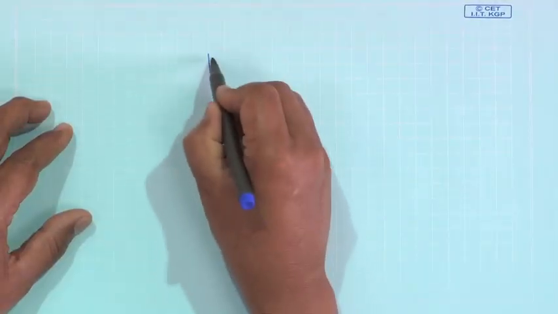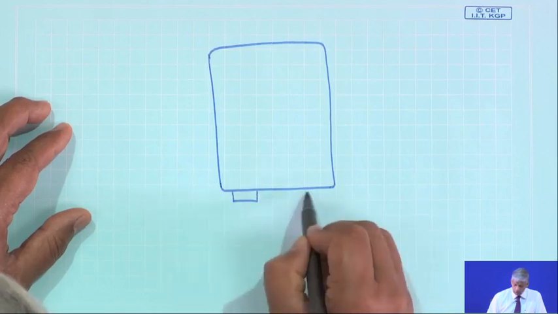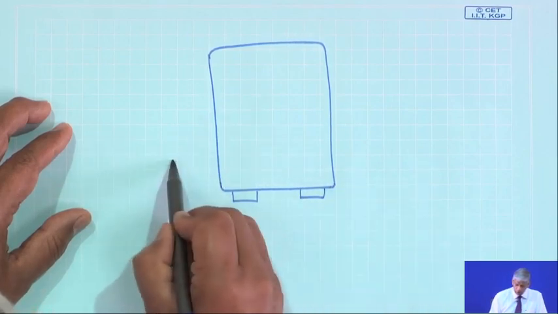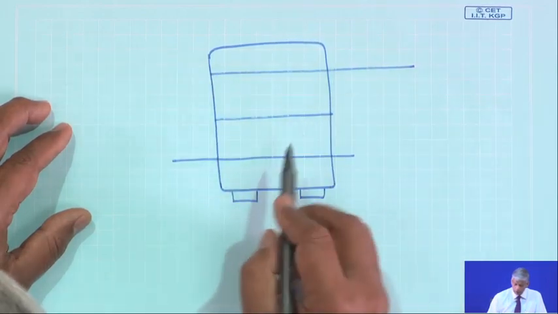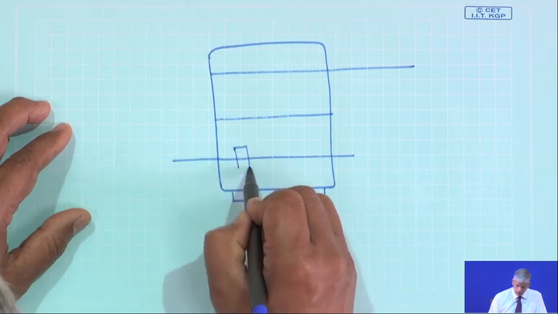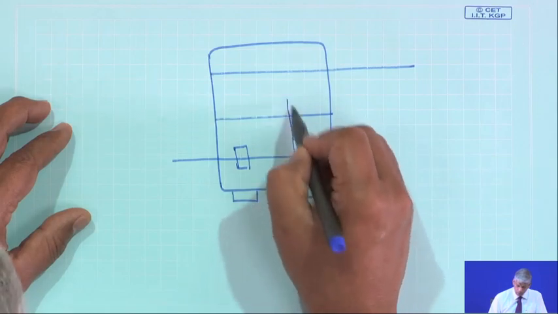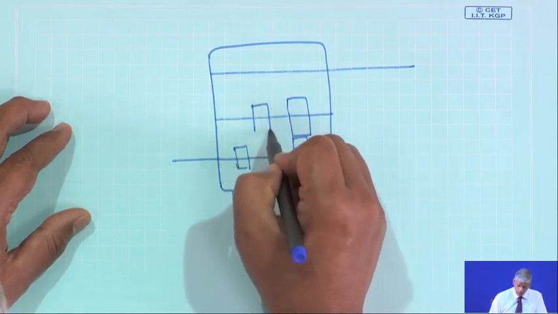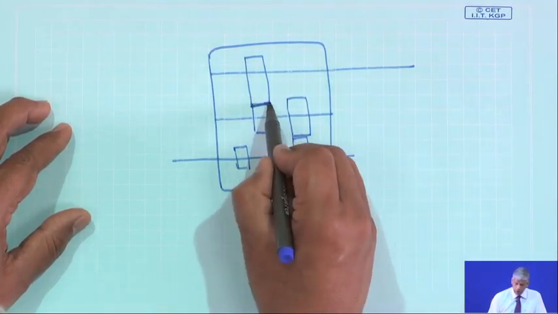So, if I have a gearbox, suppose this is a gearbox, this is my input shaft, there could be an intermediate shaft and there could be an output shaft, and so on.